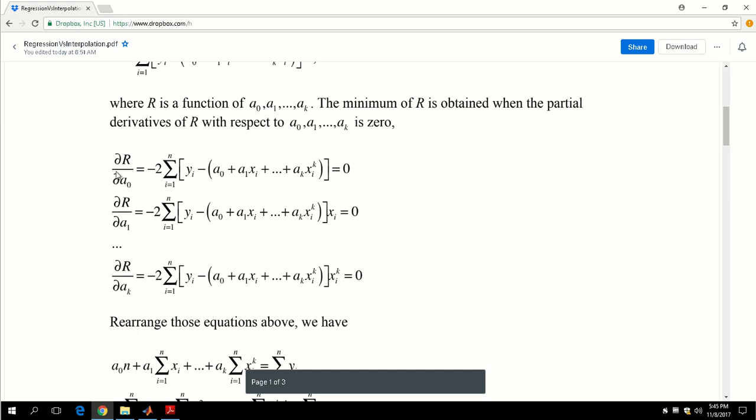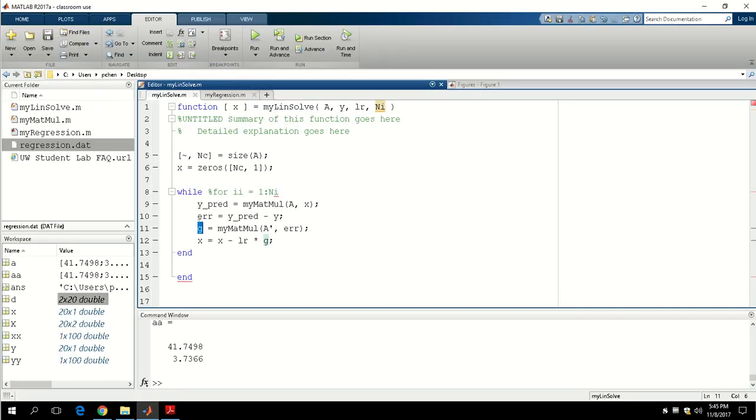This thing that's written here, if we put them into a vector, is exactly the same as the G vector that we're computing here. If you don't know why A transpose times the error vector gives us the G vector, we can talk about that in a separate video. It's a basic result in linear algebra.